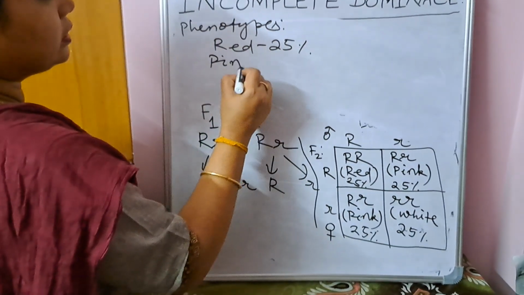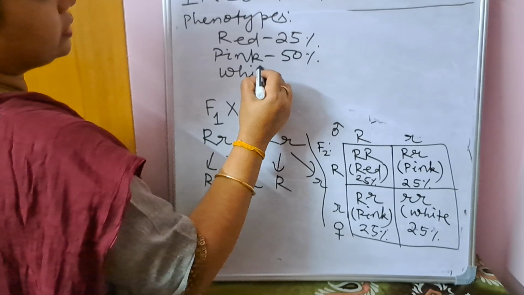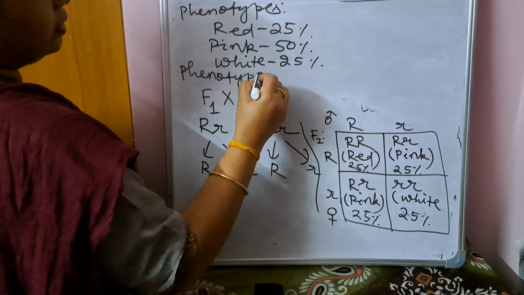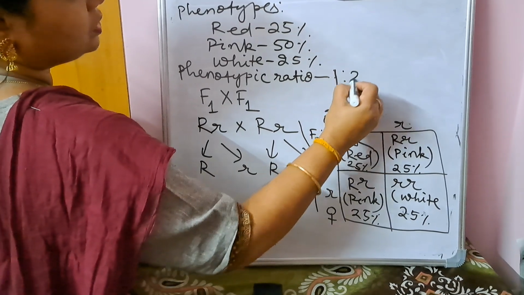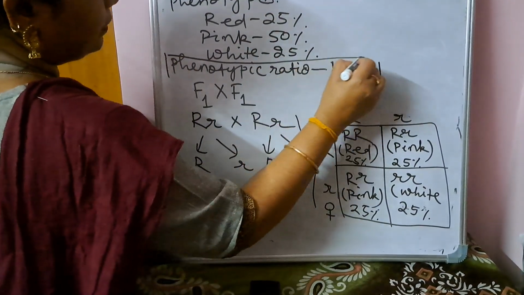Then pink, it is 50%, and white, it is 25%. And what is the phenotypic ratio? It is 1:2:1. Clear to all of you?